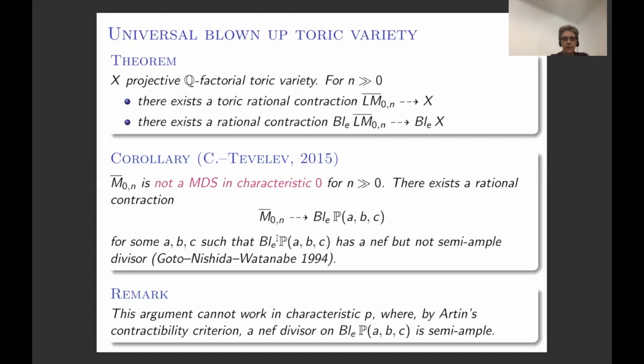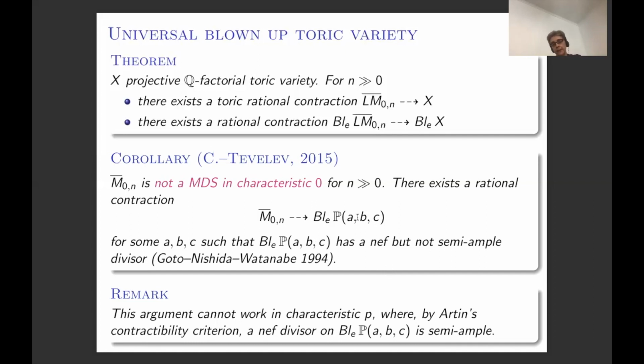And now this argument does not work in characteristic p because in this example, what you have is a surface, this blow-up of the weighted projective plane. It's a surface of Picard number 2 with 2 negative curves.